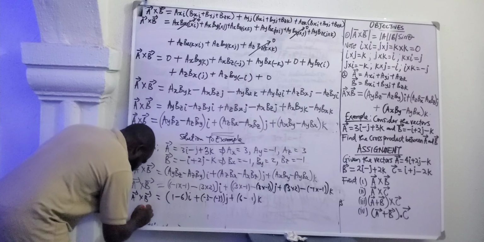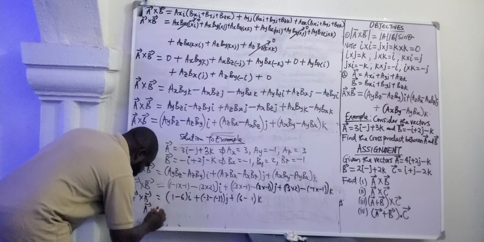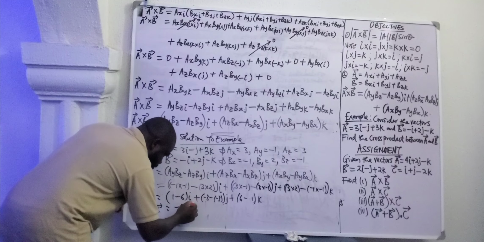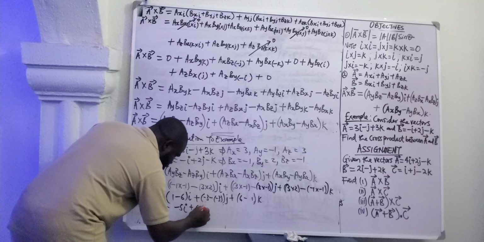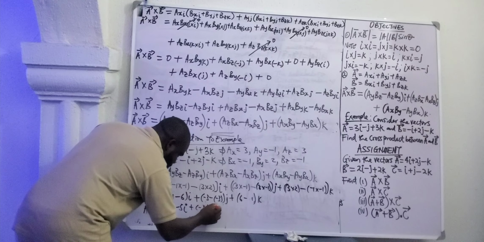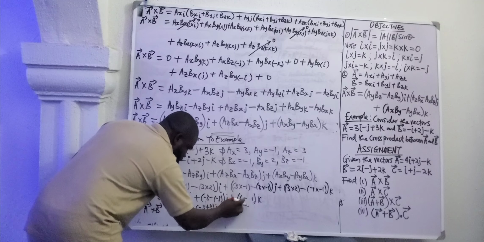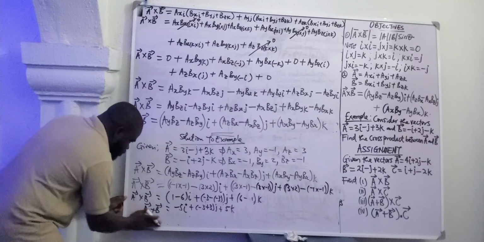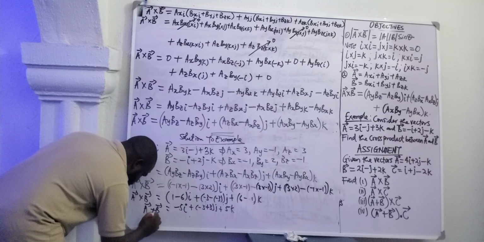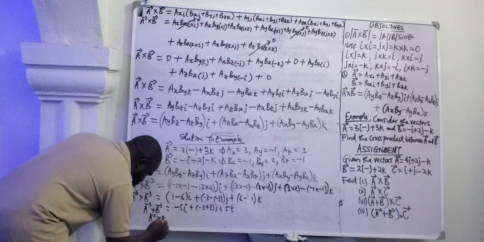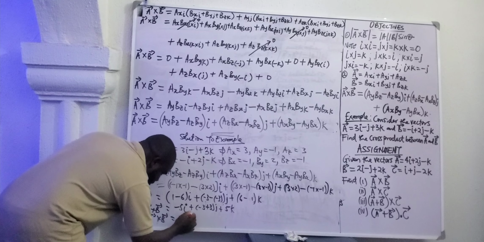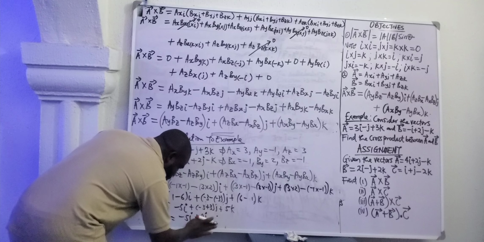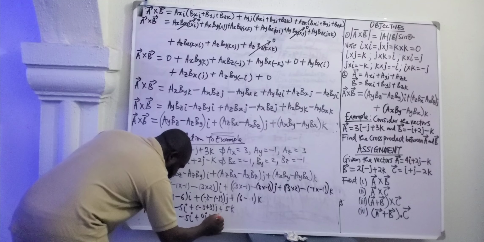So this will give me A cross B equals 1 minus 6 is minus 5i, plus 3 minus 3, which is 0j, plus 6 minus 1 is 5k.